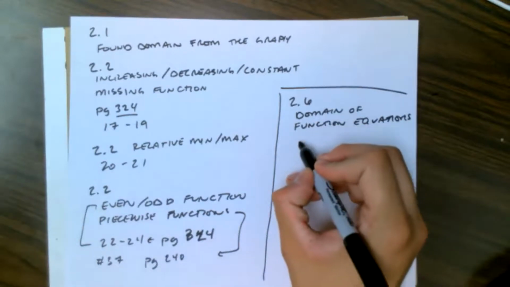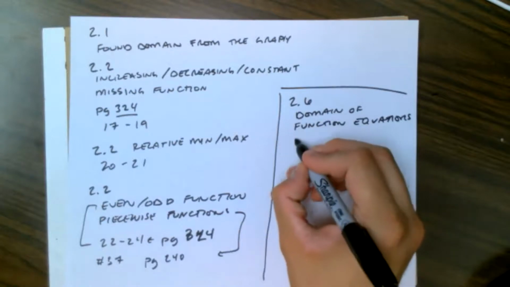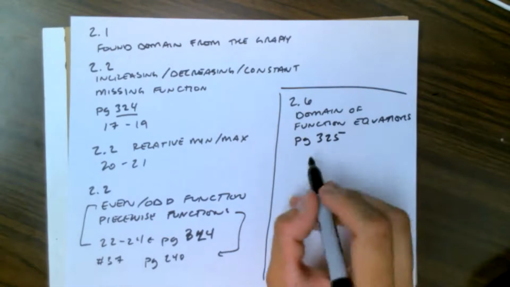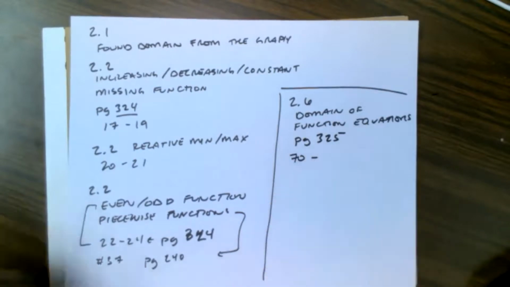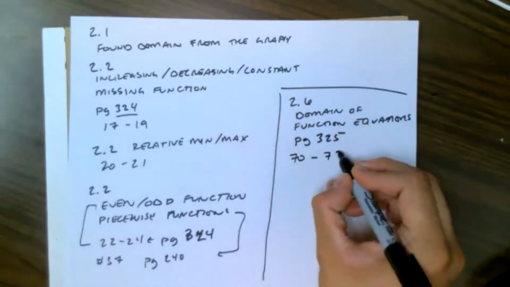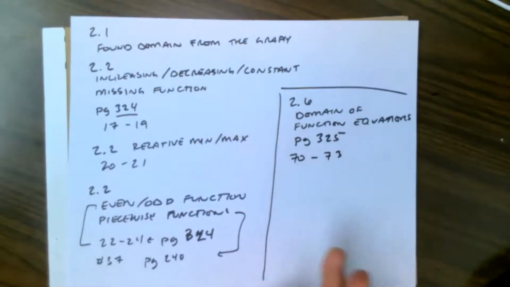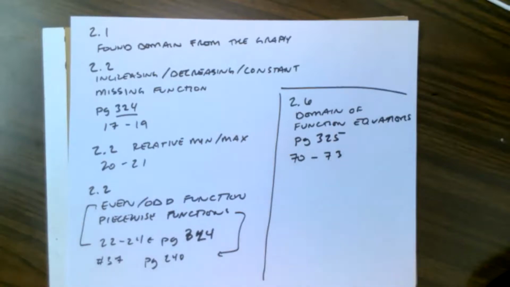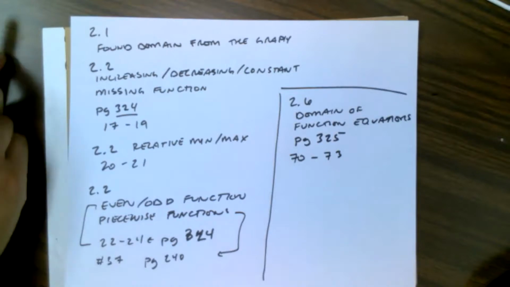So if you look at the very, very bottom right of page 325, starts on number 70. I would understand or grasp 70 through 73. So those 4 questions, 70, 71, 72, and 73, those are good questions that will pop up on the test. Okay? So these are all the topics.